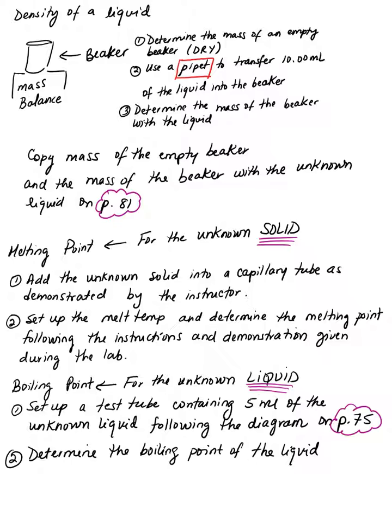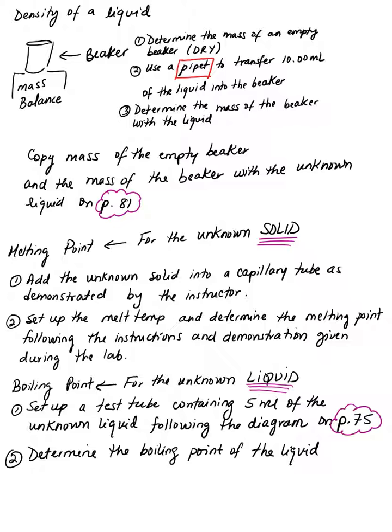Melting point. You're determining the melting point for the solid. For melting point, we're going to be using a melt temp. It's an instrument that we use to determine that temperature where your solid goes from being a solid to a liquid. So in the lab, in the beginning, I will demonstrate how to use the melt temp, how to set it up, and how to determine your melting point.